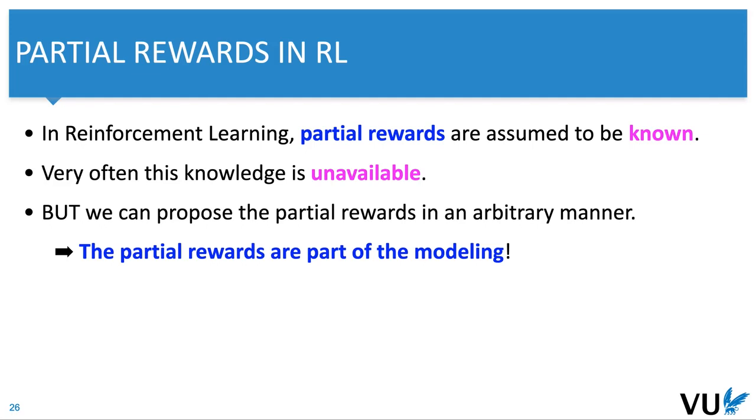Very often people forget about it and they formulate the problem and they say, hey, our approach works better because we proposed these partial rewards. But then we look into the paper or into the code and you see, but come on, this was proposed only for a very particular problem. For instance, it is not generalizable. So what's the point? It's like overfitting to the problem.